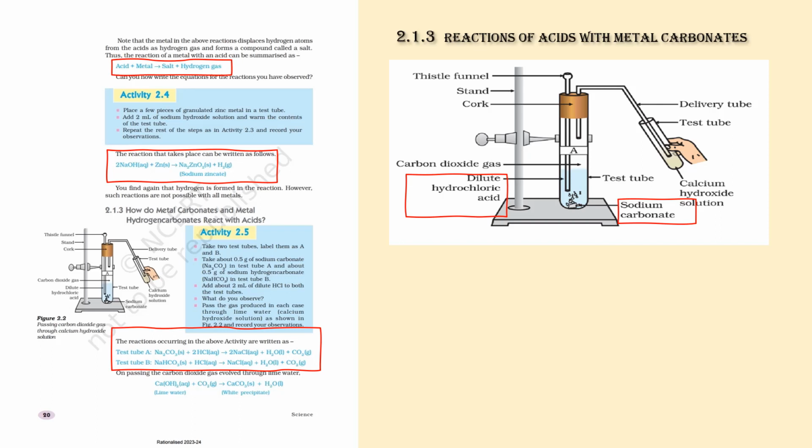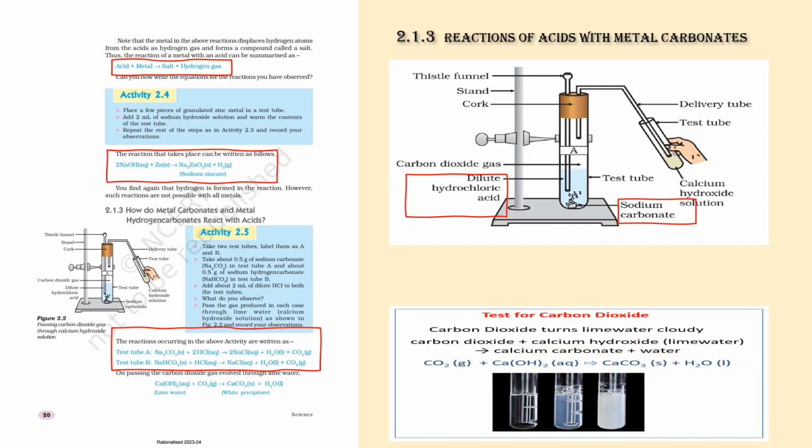Now again the same question, how will you identify a colorless gas? So for that you can perform this simple experiment. You can see here the calcium hydroxide solution has been used. So I am showing this to you in detail. When this gas which is produced in this experiment enters the test tube containing calcium hydroxide, it gradually starts forming a milky solution.